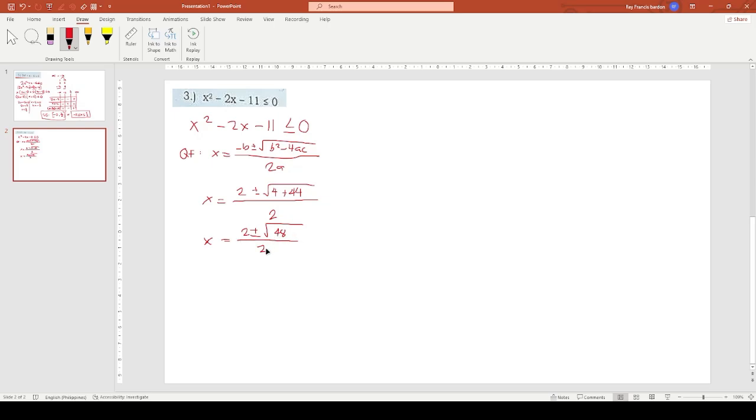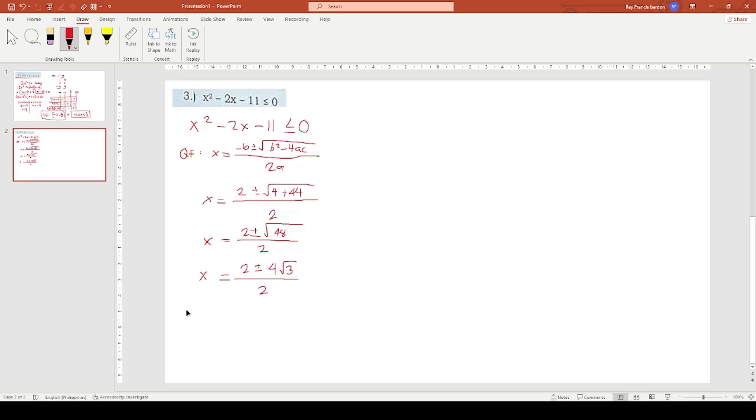Now, 48 is not a perfect square, unfortunately. So, we'll factor out kung anong kaya natin. 48 is 4 times 12, so that's 16 times 3. So, 16 is 4 times 4. So, 4 square root of 3 all over 2.